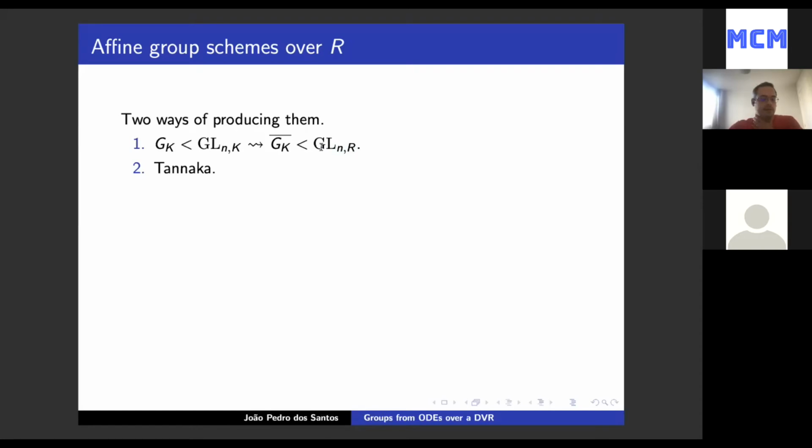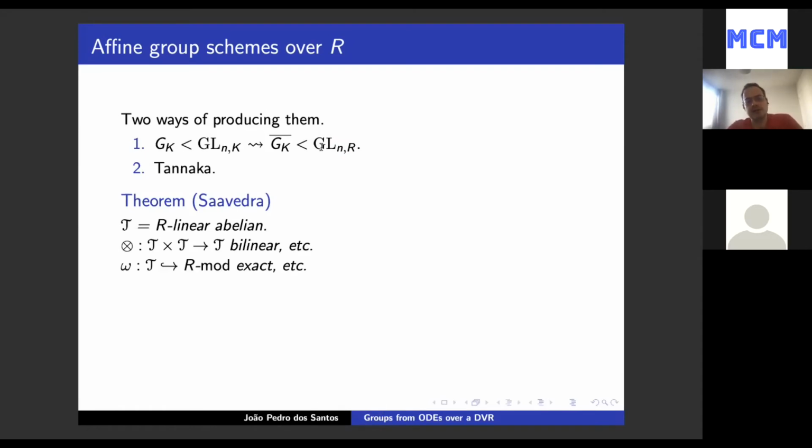Or I can go with the Tannakian theory, which I now explain. Again, you have this theorem which says that if you have an R-linear abelian category, you have your tensor product, so it's bilinear, and some other conditions, and I can throw my category inside the R-modules, and so T is a sub-abelian category of R-modules, and it's stable under the tensor product, etc. Plus one important condition, which was spotted by Serre, is that if you want your groups to be flat over R, you need this point here, which is that every object of your T should be the quotient of someone which has a dual.